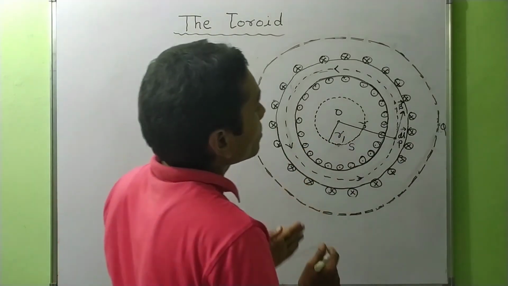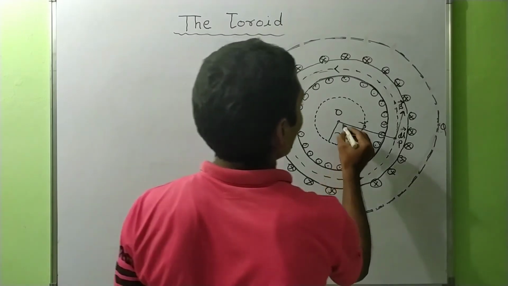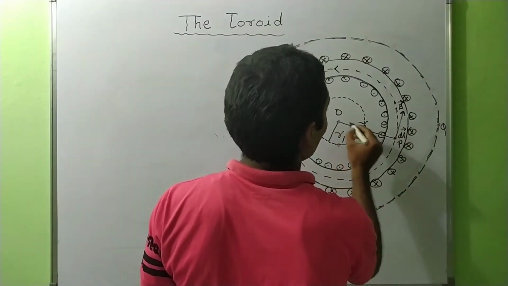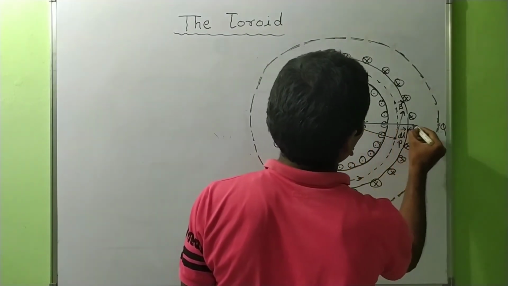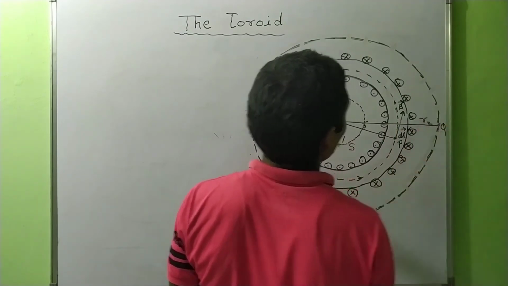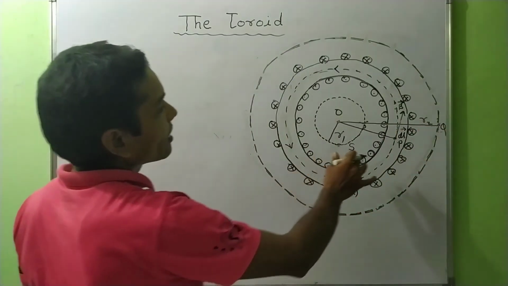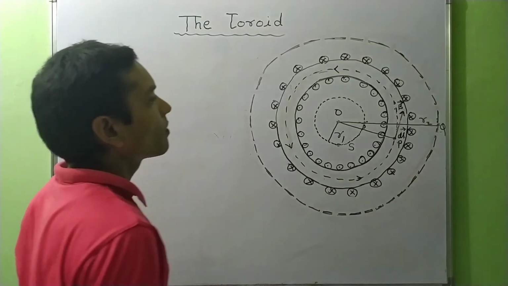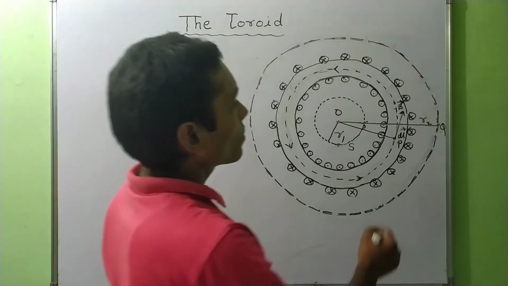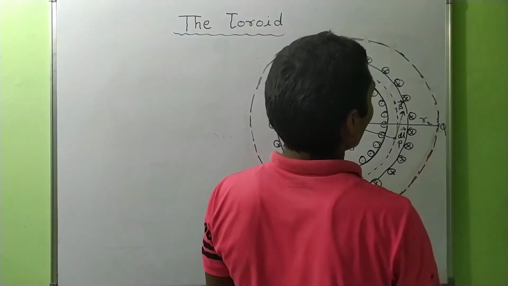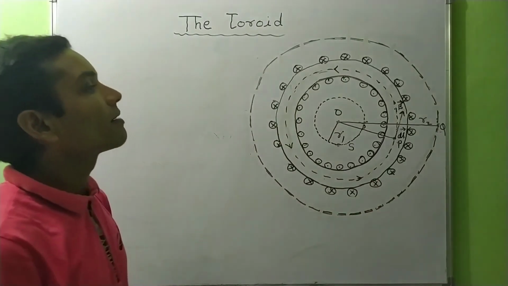This circular loop is called the Amperian loop. Let the distance of this point be R2, where R2 is the radius of this Amperian loop. So at this point, we have to find the magnetic field.